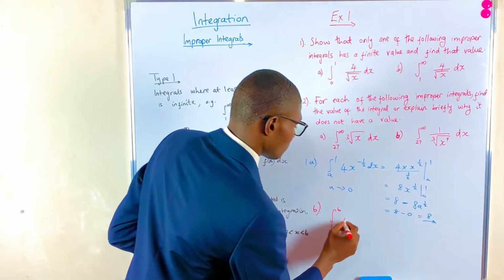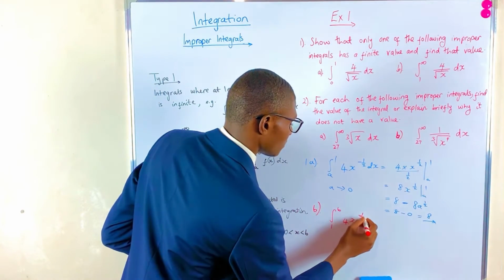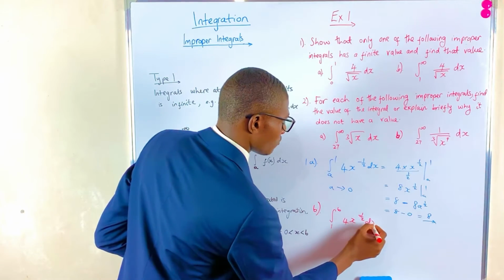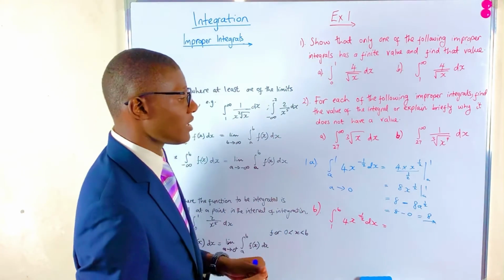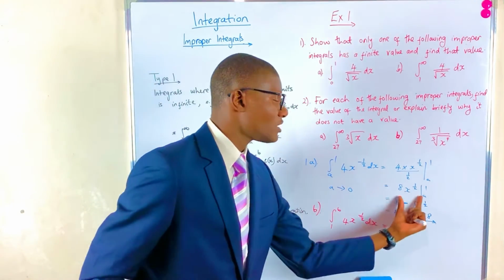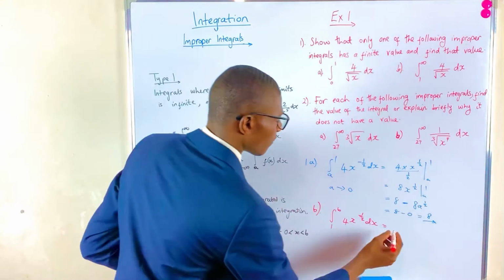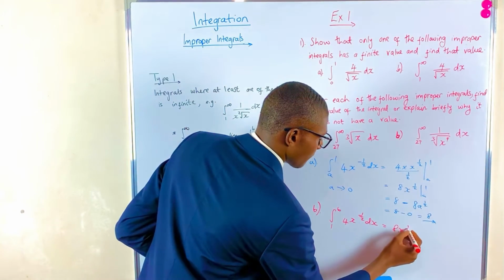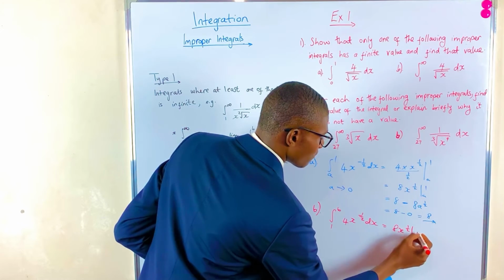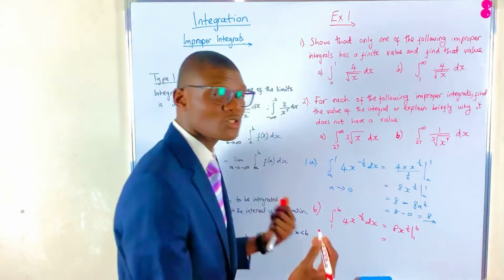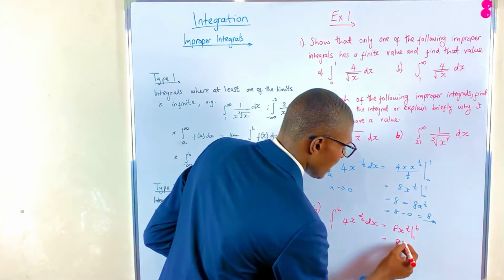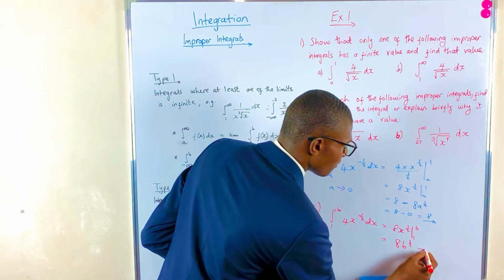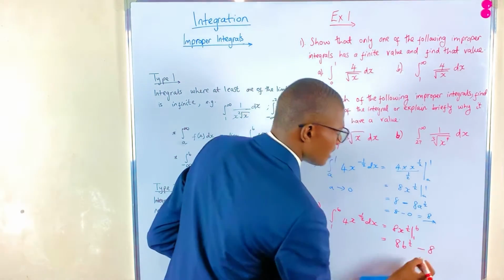We have 4x to the power of minus half with respect to x. Integrating the normal way, we still get 8x to the power of half with the limits from 1 to b. Substituting for the limits, we have 8b to the power of half minus 8.